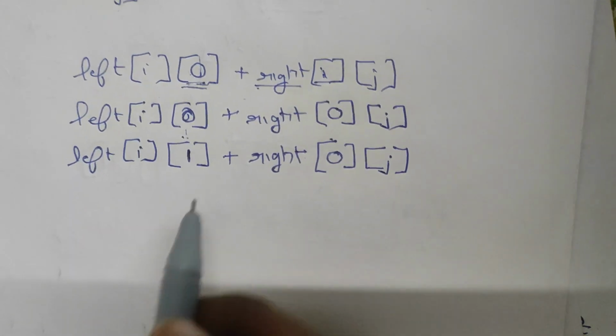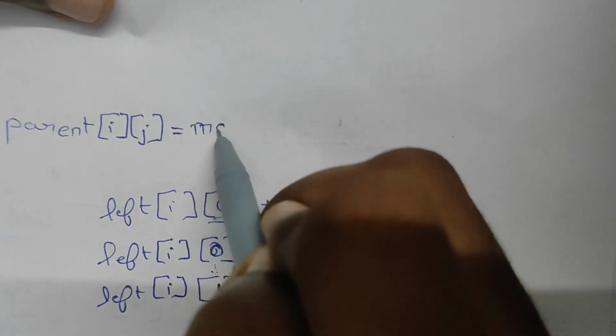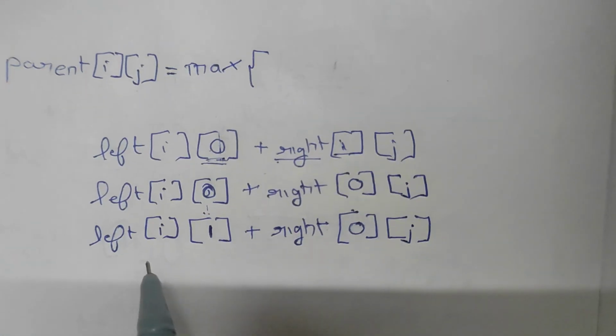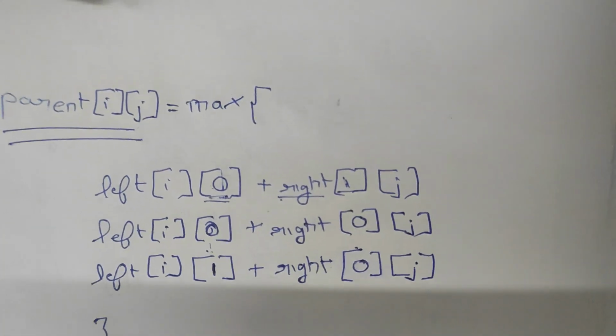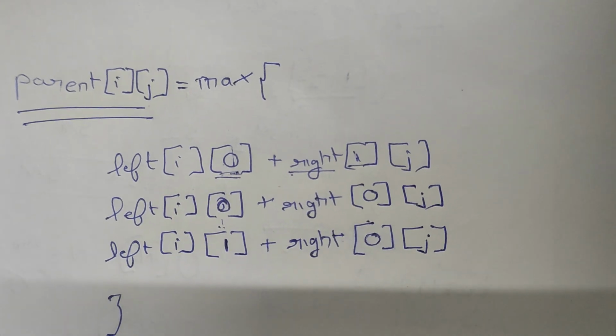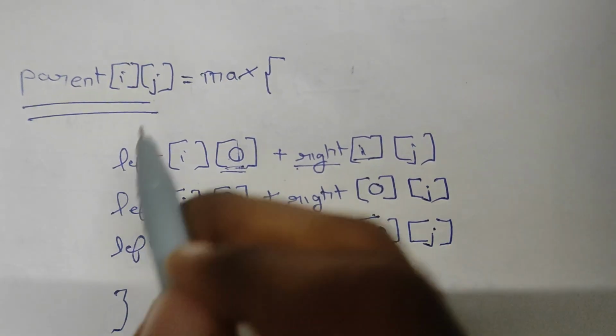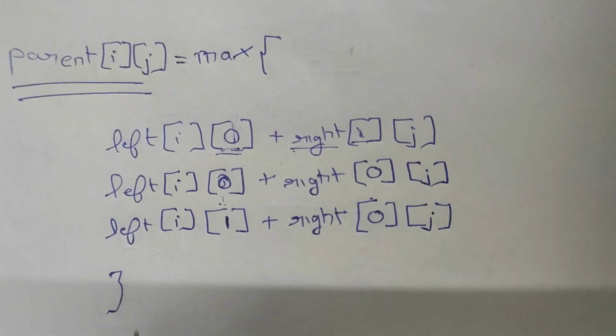So these are the possibilities for parent ij. We have to choose the maximum of these possibilities, and this will be stored in parent of ij, and we have to recursively do this for every node.